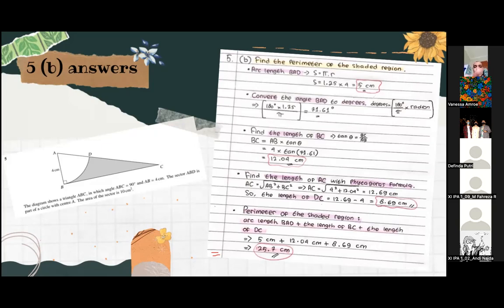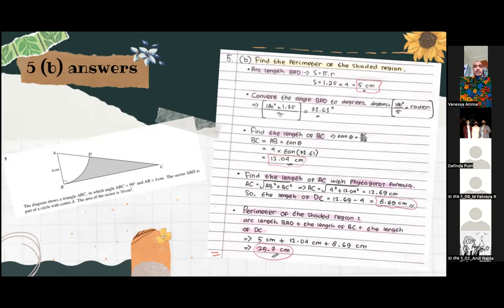The second one is not a mistake, but just some input for all of you, including the ones who are not presenting now, in this part 5B.